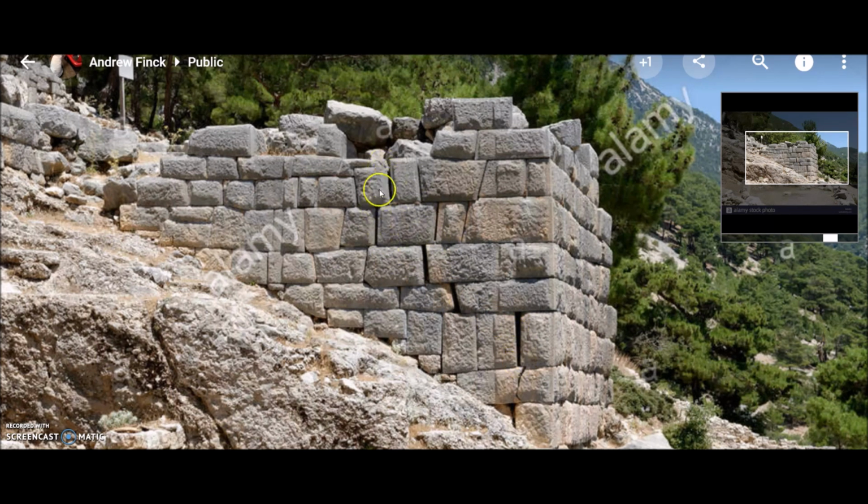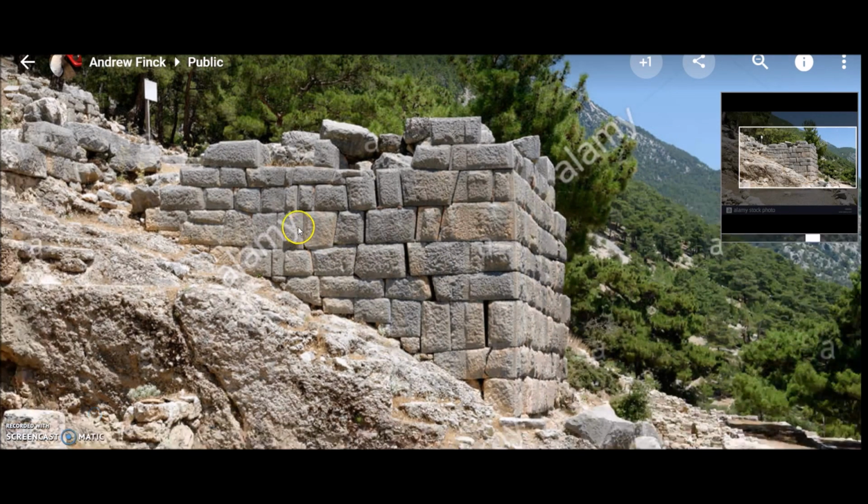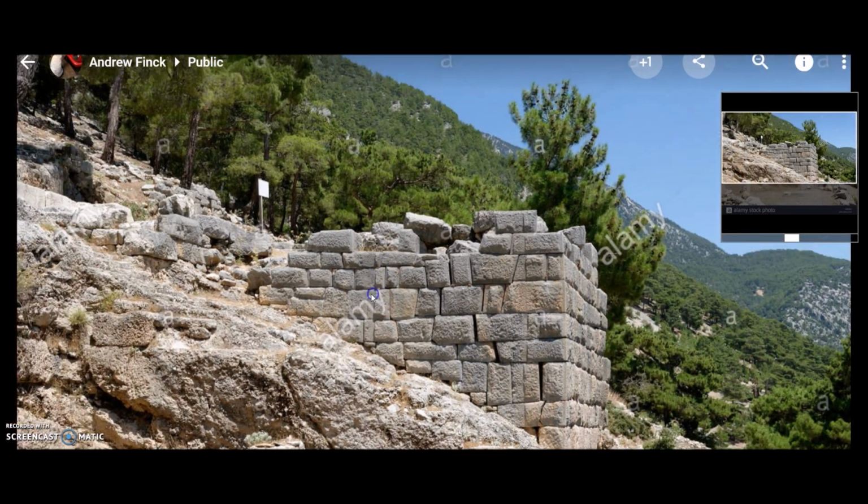I would assume this is earthquake damage, the separation. But again, most of this is still tightly fitted, so some of these gaps may have been intentional, almost like relieving spaces for shock absorption for earthquakes. I've heard that mentioned by other researchers.